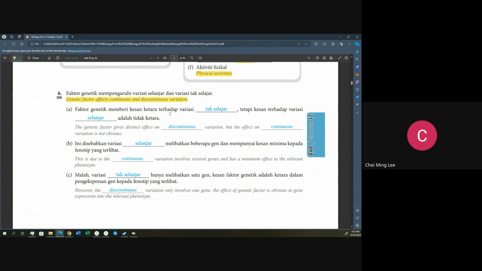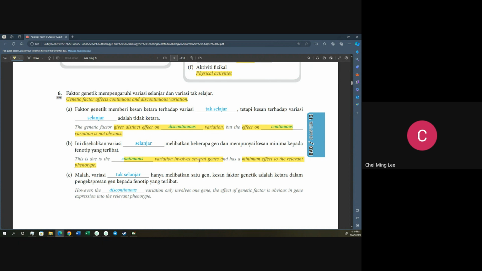This is why, because first, it gives a distinct effect on discontinuous variation, but the effect on continuous variation may not be obvious. Why? This is due to continuous variation involving several genes, each having a minimum effect on the relevant phenotype. Because several genes are involved in this variation, it will have a minimum effect on that particular phenotype.